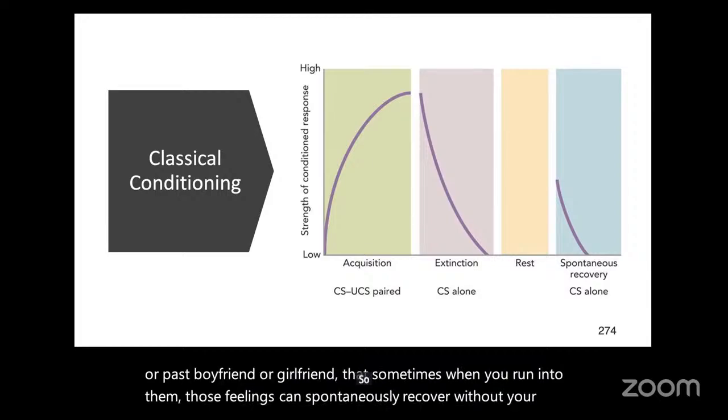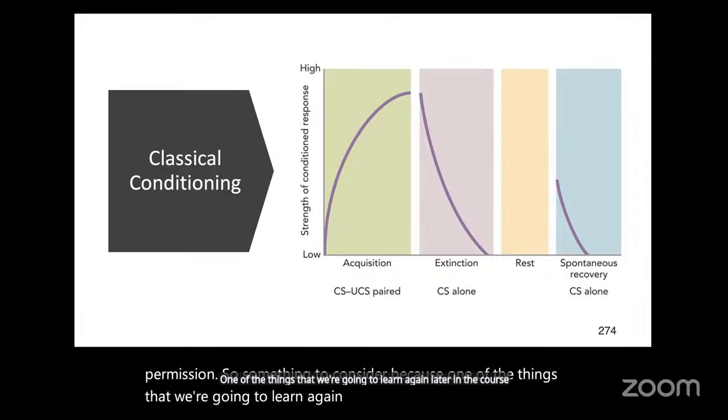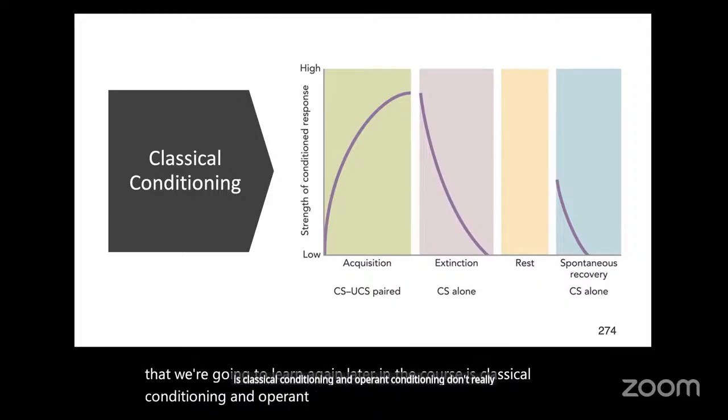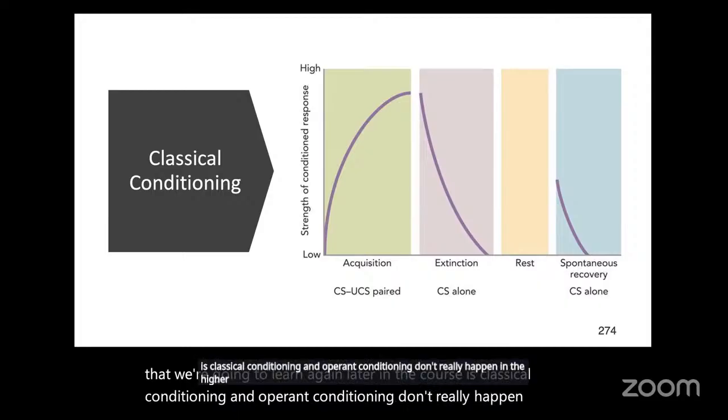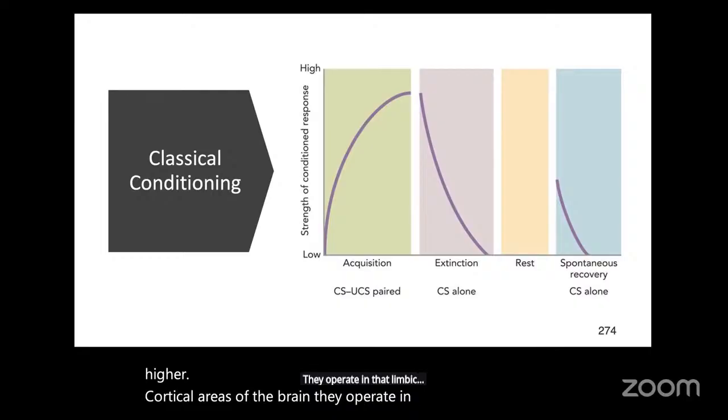So something to consider, because one of the things that we're going to learn again later in the course is that classical conditioning and operant conditioning don't really happen in the higher cortical areas of the brain. They operate in that limbic, emotional, unconscious area.